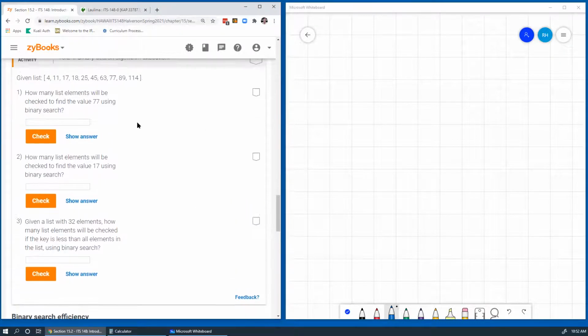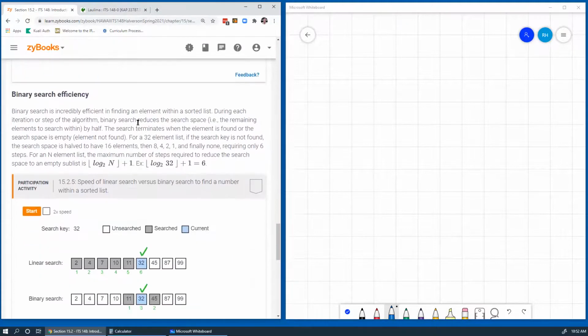All right, so let's say we have a 32 element list. Okay, so it turns out that 32 element list means we've got 32 elements.